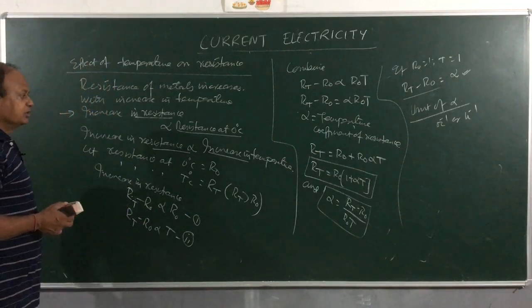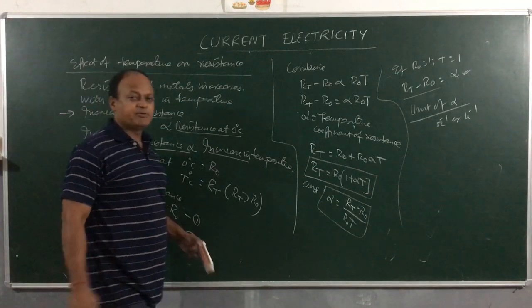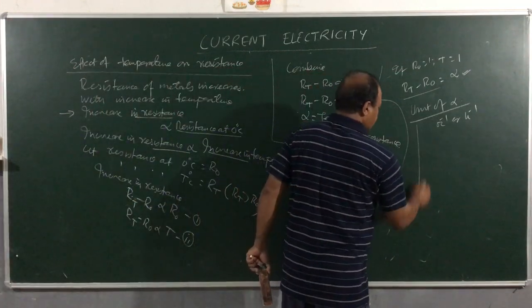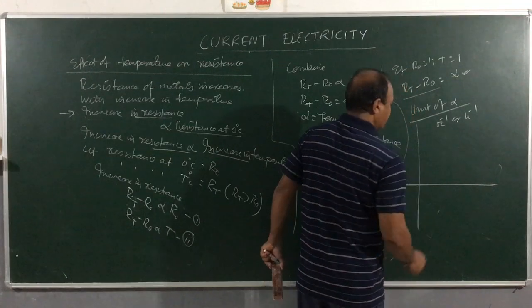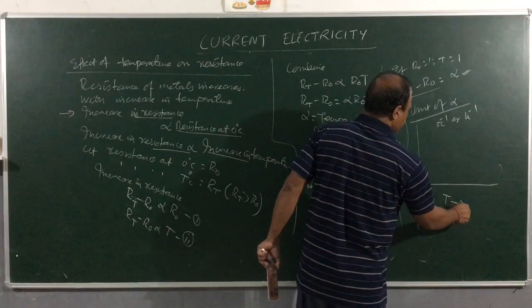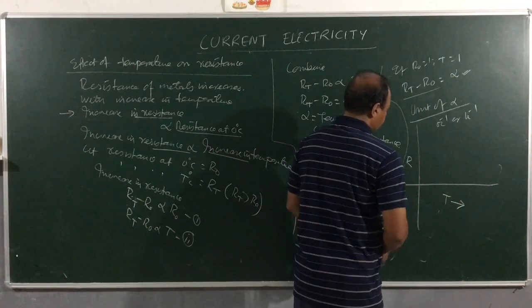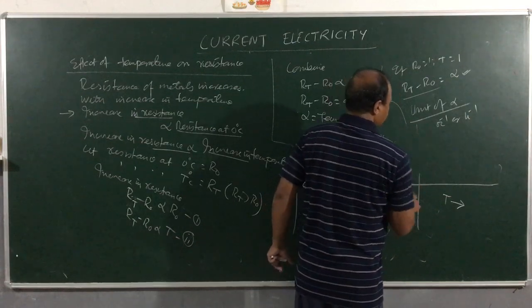Okay. Now, if you plot a graph, graphically if I want to study, then the graph will come something like this. If we plot a graph between temperature and resistance, let me draw it here.